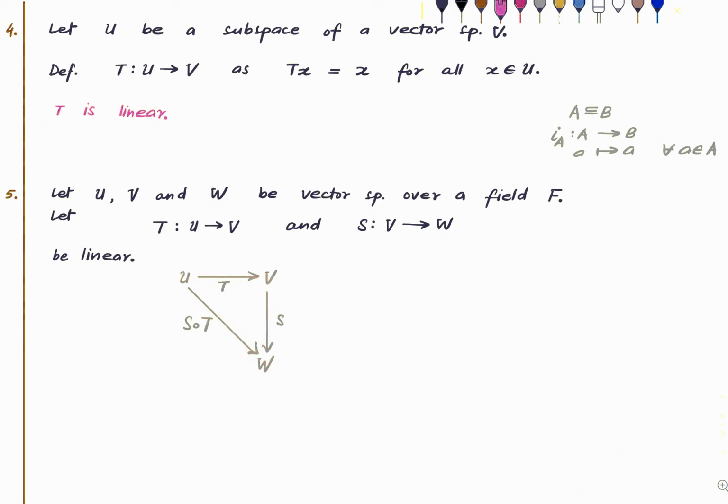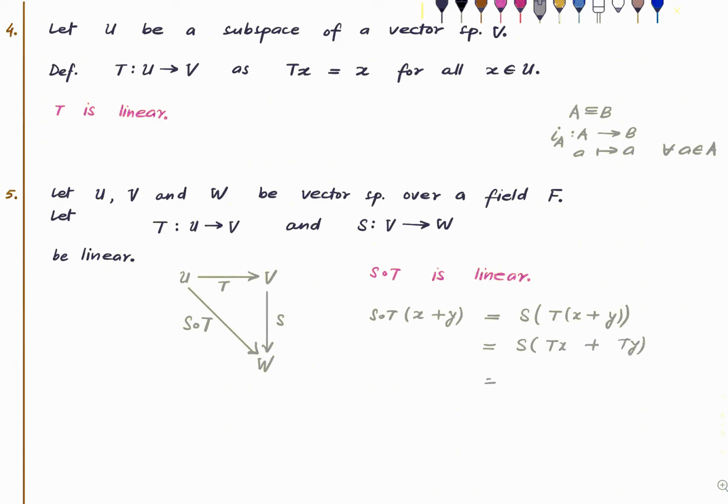And the thing is that this guy is also linear. So let me just check the addition one. How do you check that? S composed with T of x plus y is by definition S of T of x plus y, but T is linear, so this is S of Tx plus Ty.